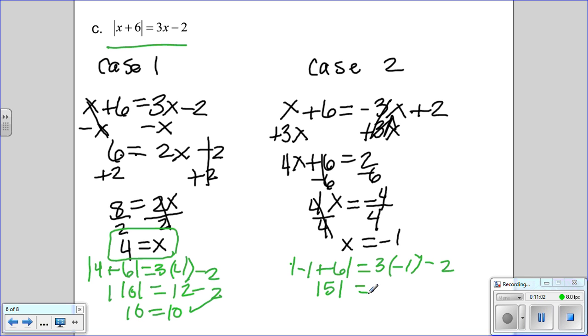And then on the right side, 3 times negative 1, that's negative 3 minus 2. Well, the absolute value of 5 is 5. But on the right side, negative 3 minus 2 is negative 5. And so here's a situation where you plug in your value and it does not work. 5 does not equal negative 5. That tells you that x cannot be negative 1. And so for this equation, we only have one solution, x equals 4.